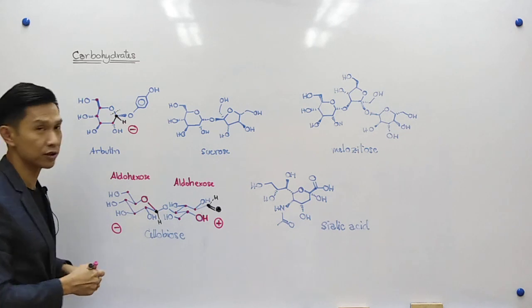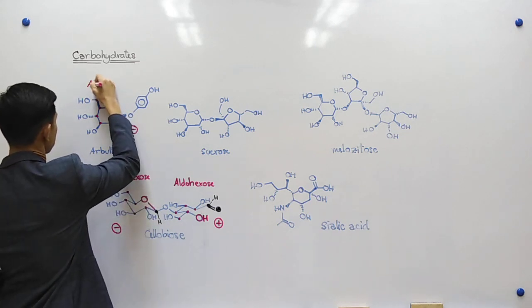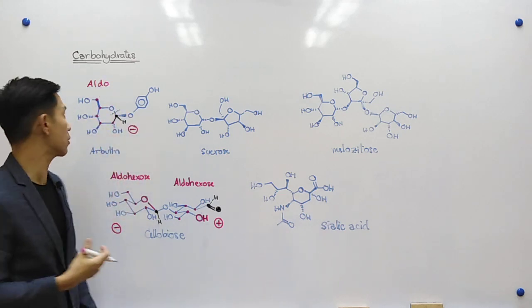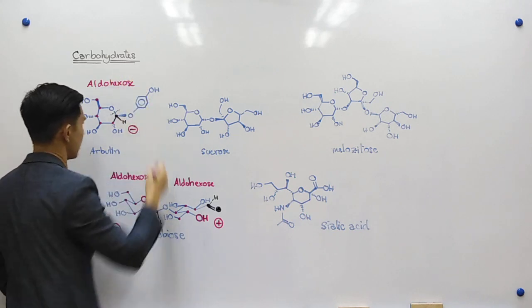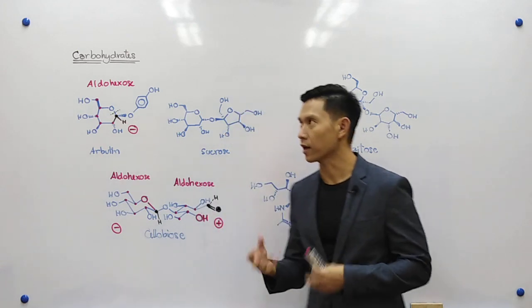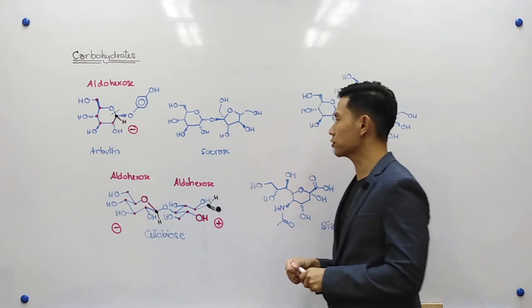So this is the aldose sugar, right? This molecule is called aldose, and because of six carbon atoms in the molecule, we call this an aldohexose. And arbutin is negative to the Benedict test.